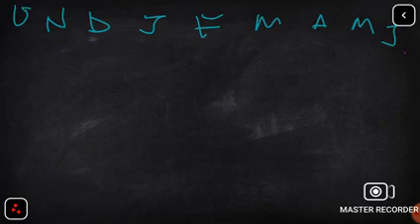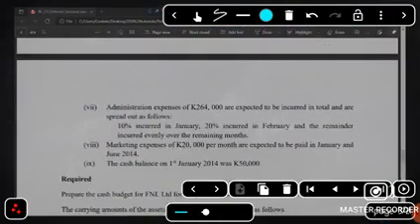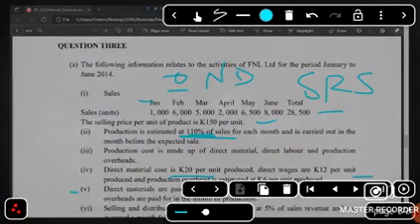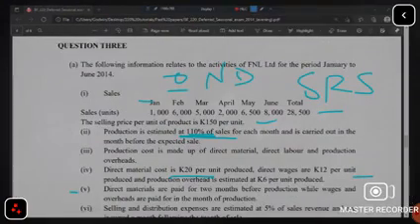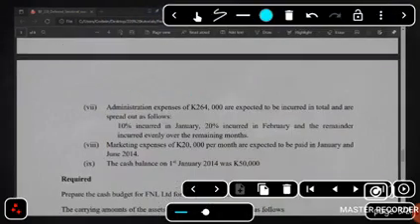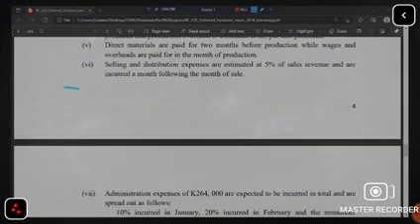So after finishing that, let's go back to our question. The question now says the selling and distribution. Here, selling and distribution expenses are estimated at 5% of sales revenue and are incurred a month following the month of sale. So the first keyword is sales revenue.